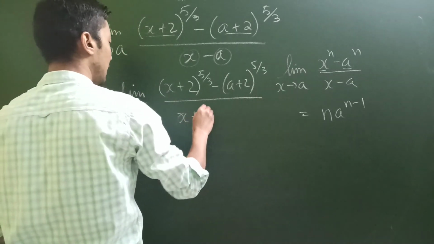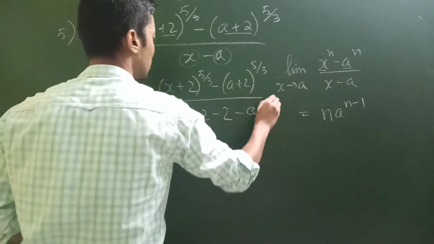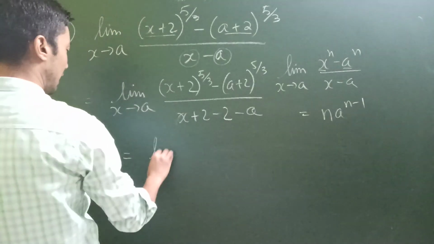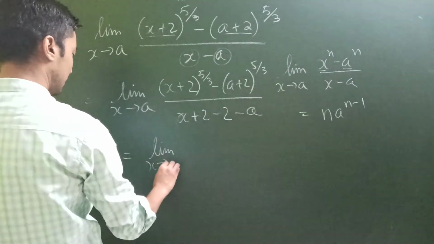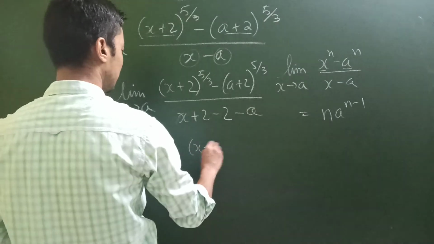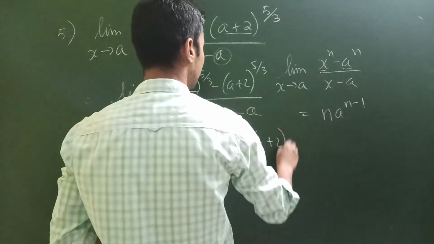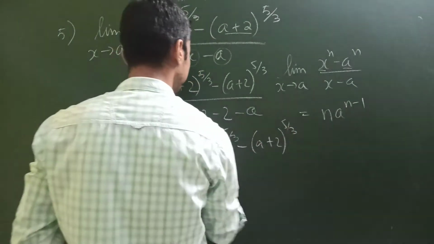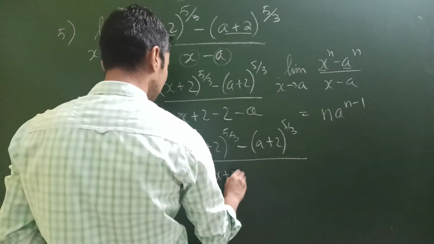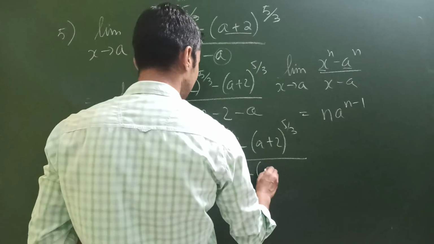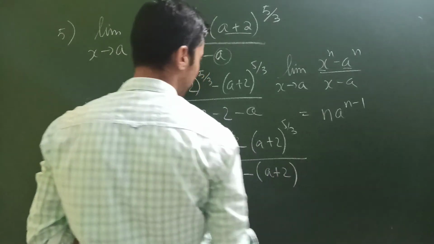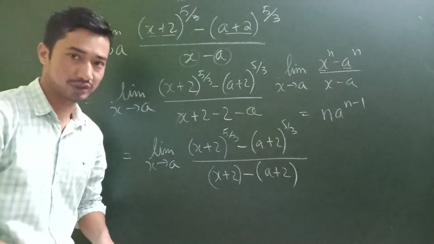I will add and subtract 2. As x tends to a, (x plus 2) to the power 5/3 minus (a plus 2) to the power 5/3, so x plus 2 minus a plus 2. By just taking minus common, both become plus, positive values.